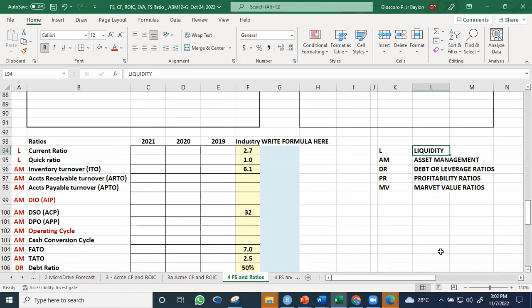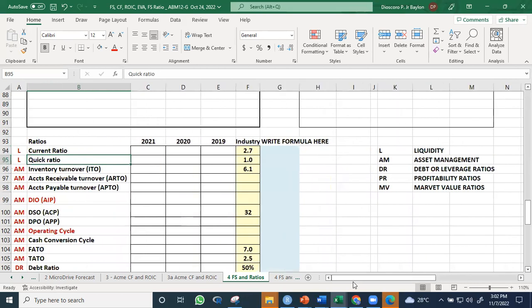In this context, the liquidity is different. You have two measures of liquidity, which are the current ratio and quick ratio. Liquidity in this sense means the capability of the firm to pay its current obligations.